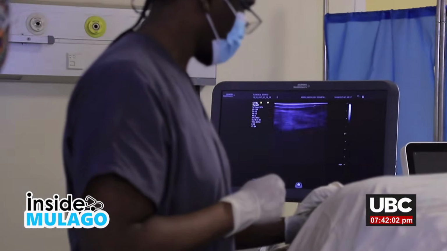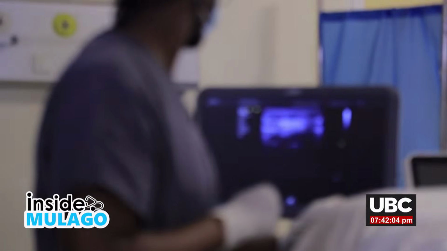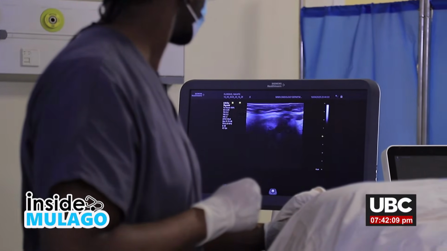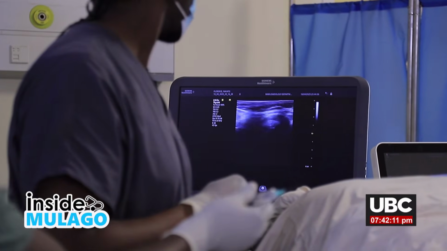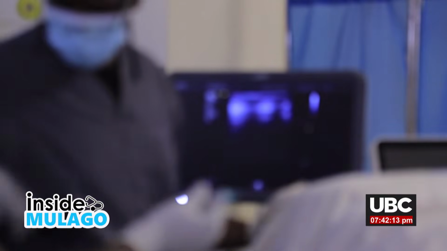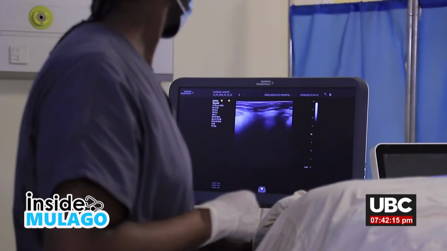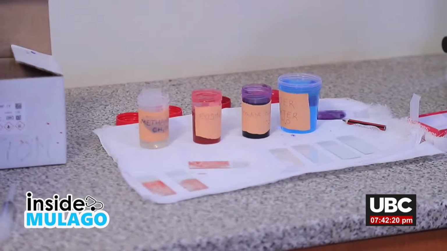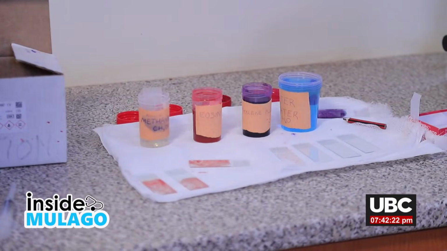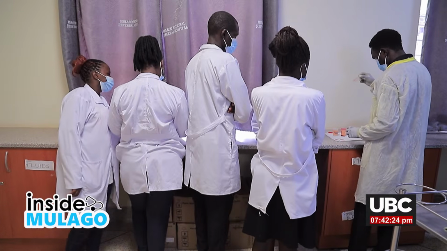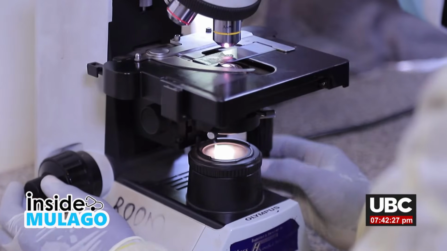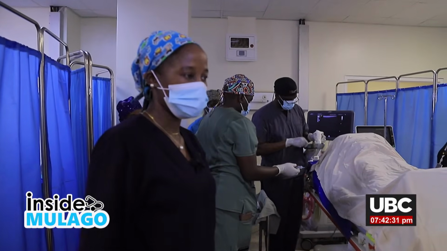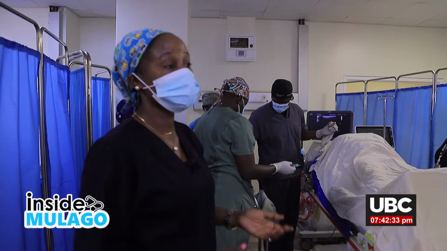And as you can see, the team working, they use ultrasound, see the needle, pick the sample, and then immediately in the same room, they give it to the pathology team. The pathology team is over here, and they'll be able to look at the slides, and we will know what is wrong with the patient immediately. So basically, as the patient recovers, we have the results. That fast? That fast, because everything is happening in the same space.